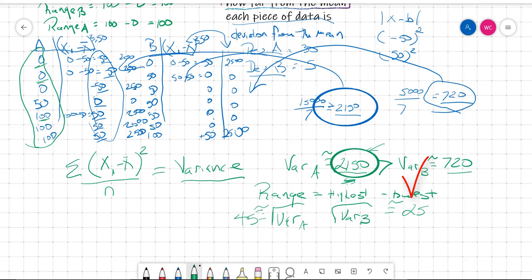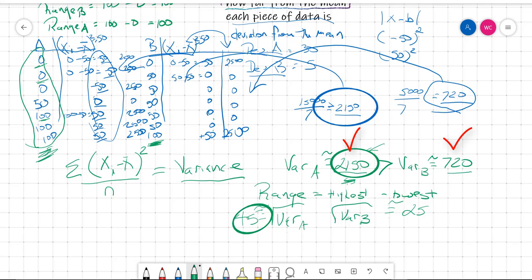We wanted to say that this has more variation than this one. And that's what we have here. And these numbers, 45 and 25, are much closer to the original size of the data as compared to these numbers were.